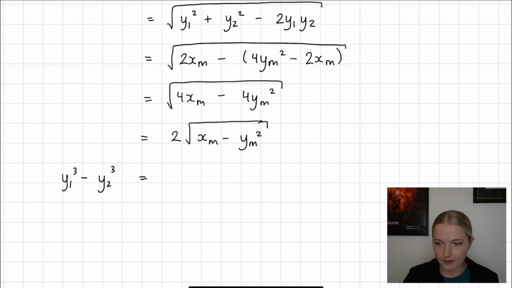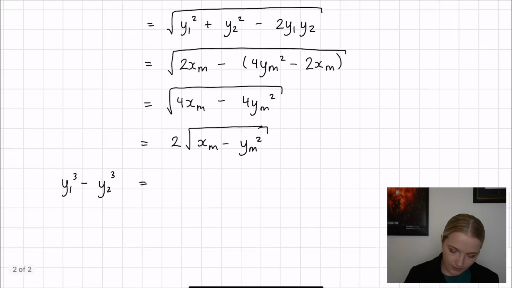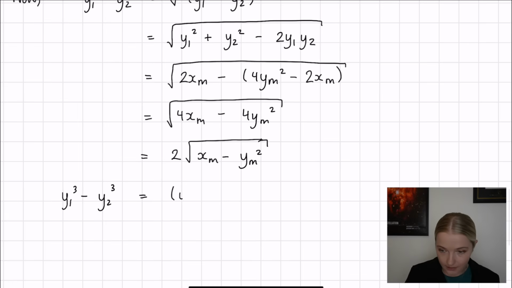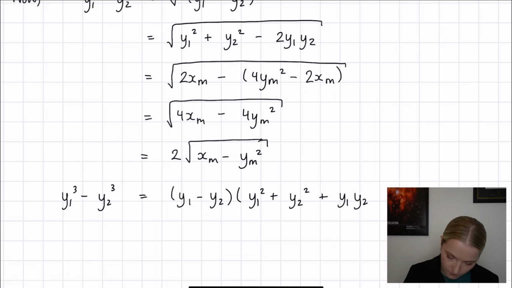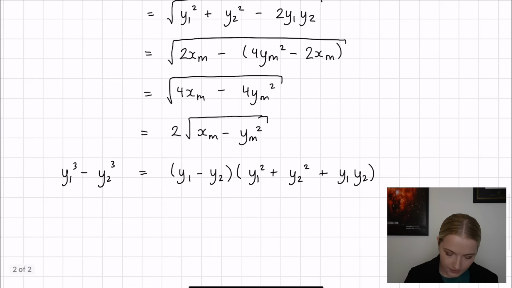So y1 minus y2 cubed. Now you might notice that this is actually y1 minus y2, all multiplied by y1 squared plus y2 squared plus y1 y2. And you can calculate this yourself: y1 times y1 squared would give you the cubed.